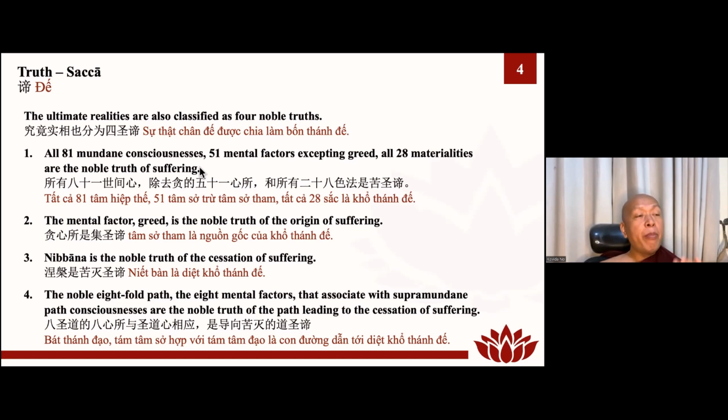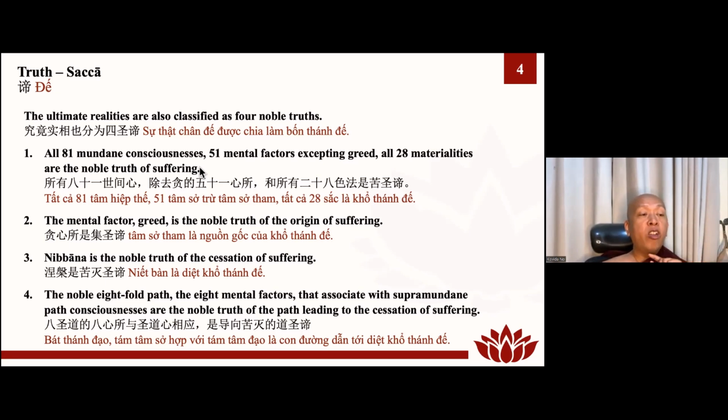So we may have many different examples, many different similes of these 4 noble truths. For example, the first noble truth is suffering. It's very obvious, very simple. This is like a sickness.